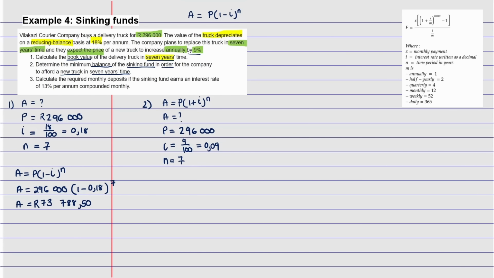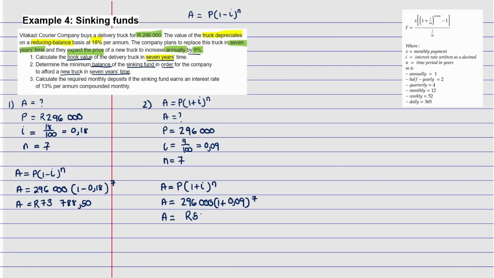So now let's substitute everything that we have. A is equal to P, open bracket, 1 plus i, to the power n. So A is equal to 296,000, open bracket, 1 plus 0.09, to the power of 7. This is how much the truck is expected to cost in the next 7 years.